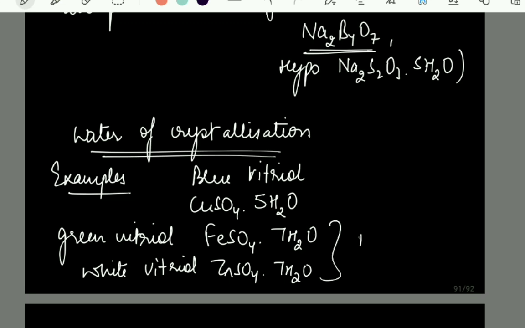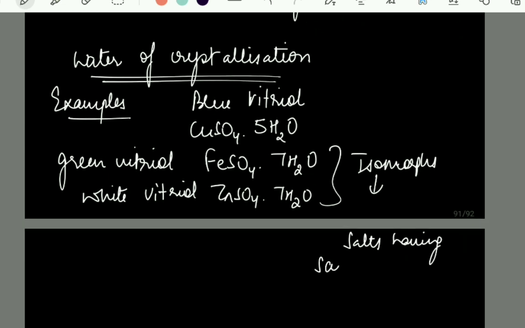We even call these isomorphs. So isomorphs are basically what? Salts having the same crystalline lattice. Lattice is nothing but the three-dimensional network structure.